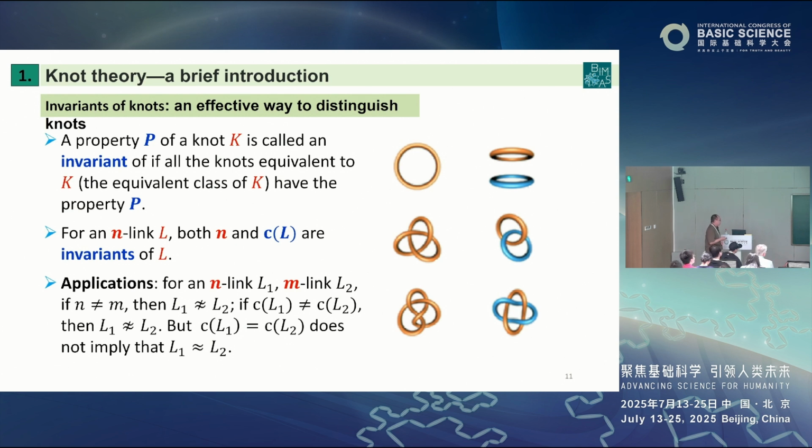For an n-link L1 and an m-link L2, if n and m are not equal, then they are not equivalent. If the crossing numbers are not the same, then they are not equivalent. But if they have the same crossing number, this doesn't imply they are equivalent.